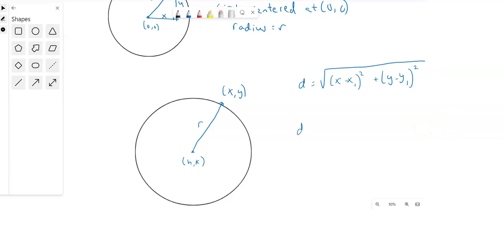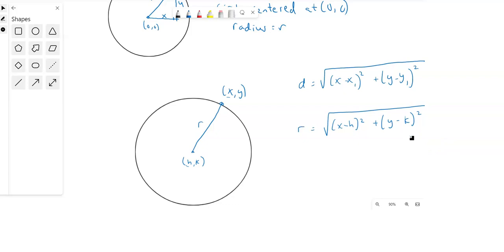Well, now, what if I think of that distance as x minus h squared, right? So I'll take the first coordinate here, the first coordinate here, subtract them, plus y minus k squared. But you notice that that distance is really the radius. So maybe I can replace my distance with the radius.